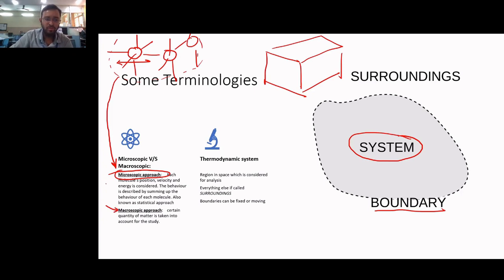You have the microscopic approach when you are looking at individual molecules or a few molecules, and figuring out their velocities, their positions, and things of that sort, and then you have the macroscopic approach. The microscopic approach is also known as the statistical approach in thermodynamics, and in most cases it's not widely used for obvious reasons: you cannot accurately measure each molecule's kinetic energy, position, velocity, or whatever attribute you want to assign to it.